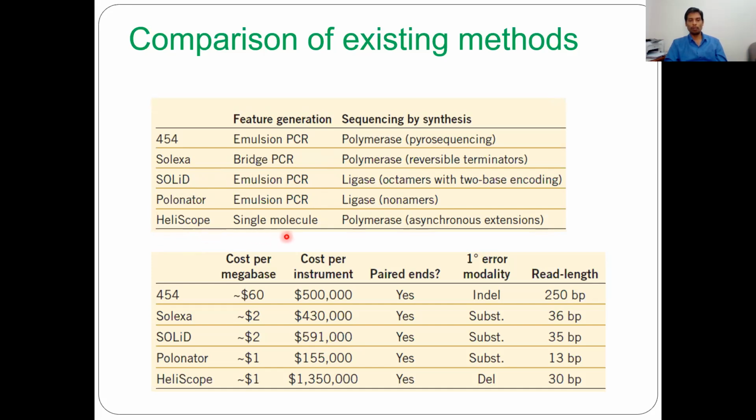Heliscope is single molecule, which is another big advantage, with polymerase as the sequencing. Cost-wise, it varies, but Solexa is still competitive, with a very low cost, $2 per MB.